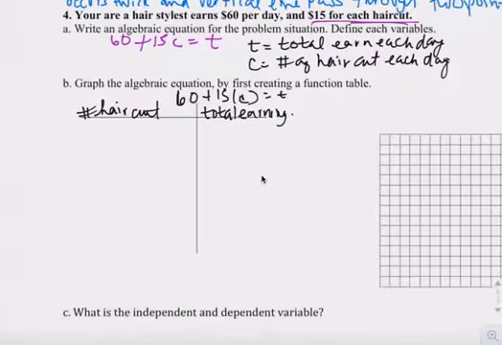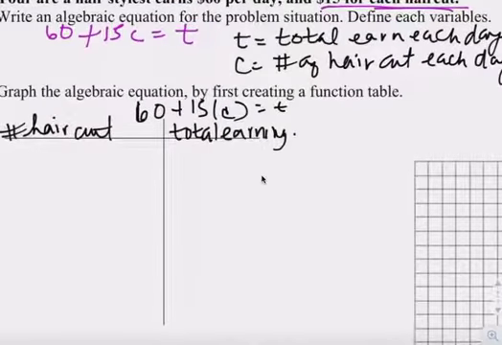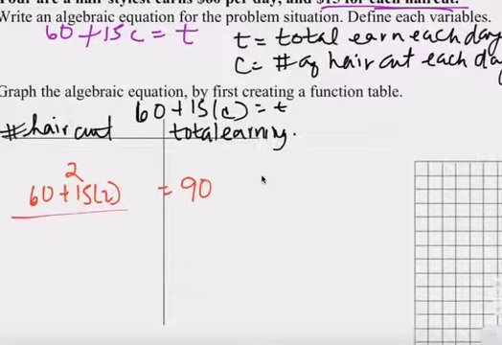You choose your own. Let's say they did 2 haircuts that day. So 60 plus 15 times 2 equals 90. Use your calculator.